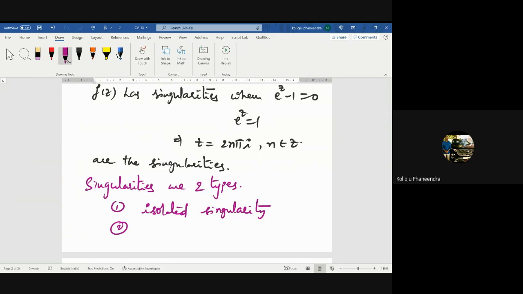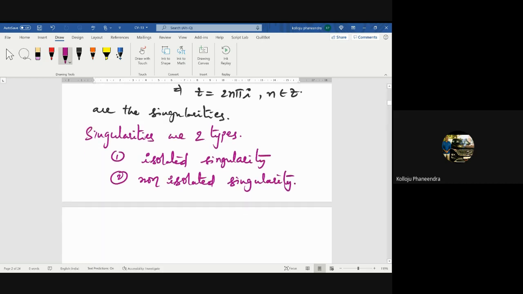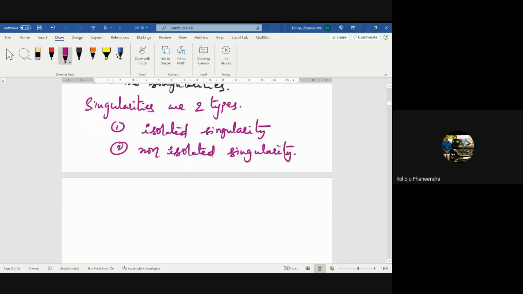Let me write it: isolated singularity and non-isolated singularity. This is the concept of isolated and non-isolated singularity.